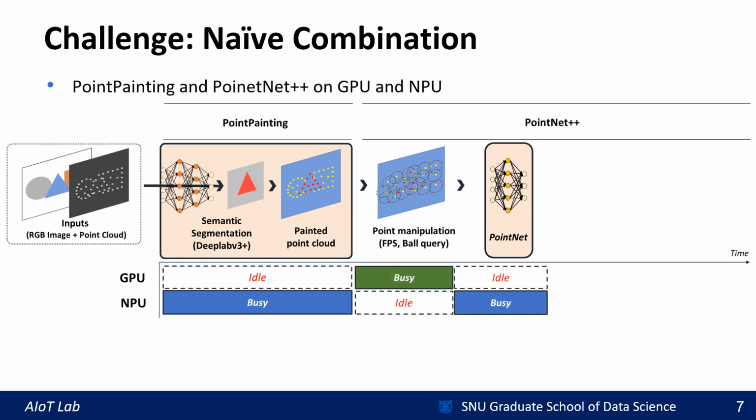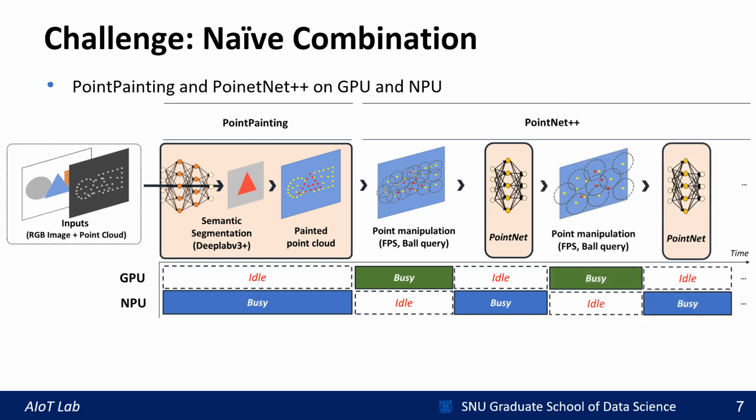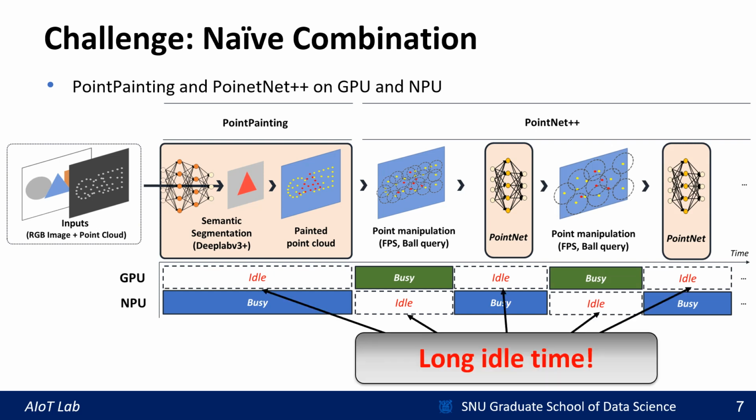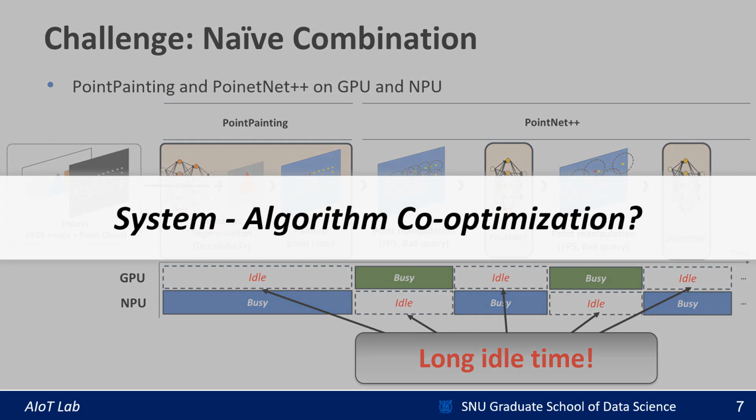GPU executes point manipulation, and NPU executes PointNet. While one processor executes its own job, the other processor remains idle due to the dependence of the jobs. This repeats throughout PointNet++. But, as you can observe, there is long idle time in each processor. In this situation, we may ask, can we optimize the algorithm to better utilize the underlying system?